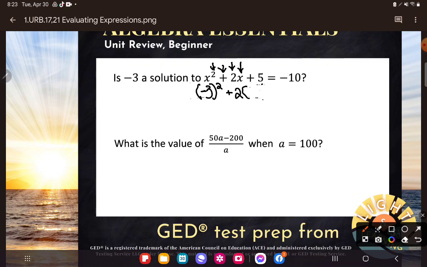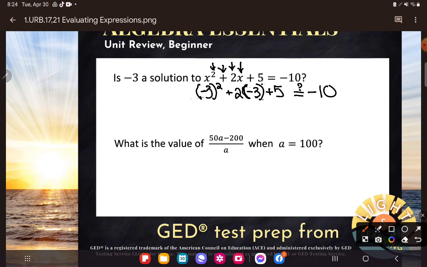And yes, every time you see x, you'll use the same number, okay? So if there's two numbers to test in your solution, sometimes that happens too. With quadratics, you can have two answers. Make sure you test them one at a time. So I'm doing -3 for every x. And then I'm going to add 5. And what I want to see is if I simplify that whole thing, does it really come to -10? I don't know. Let's see.